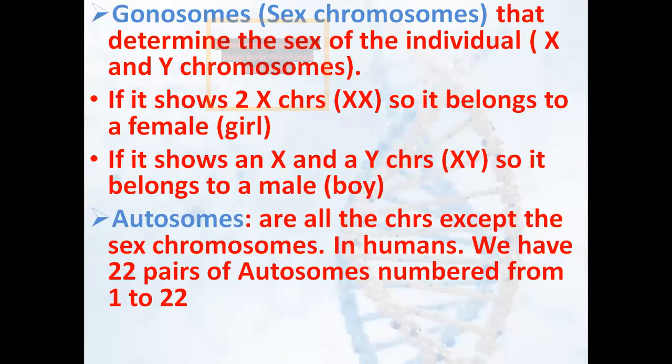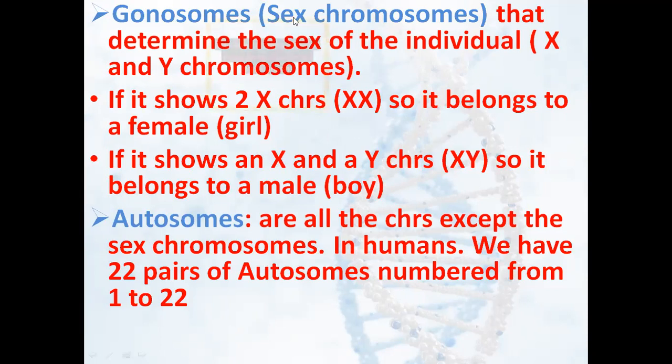Also, we talk about gonosomes and autosomes. Gonosomes are the sex chromosomes. They determine whether the individual is a male or female. We have X and Y. If the person has two X chromosomes as sex chromosomes, this is referred to as a female.